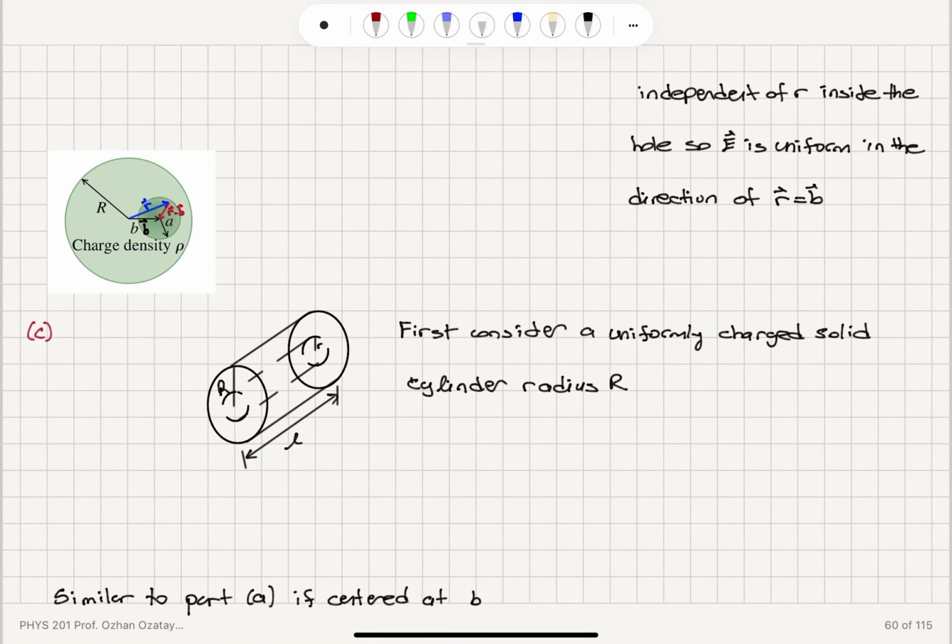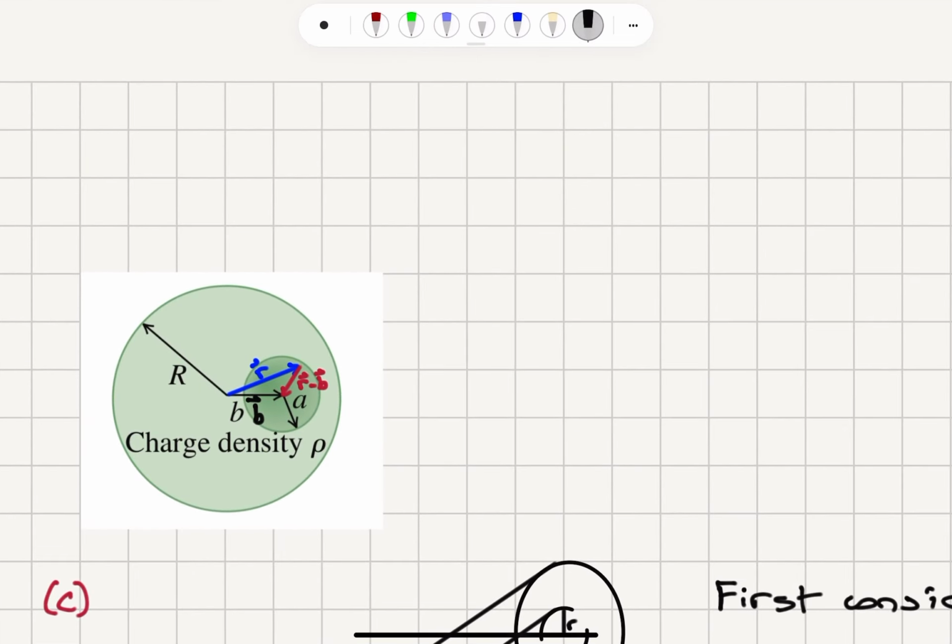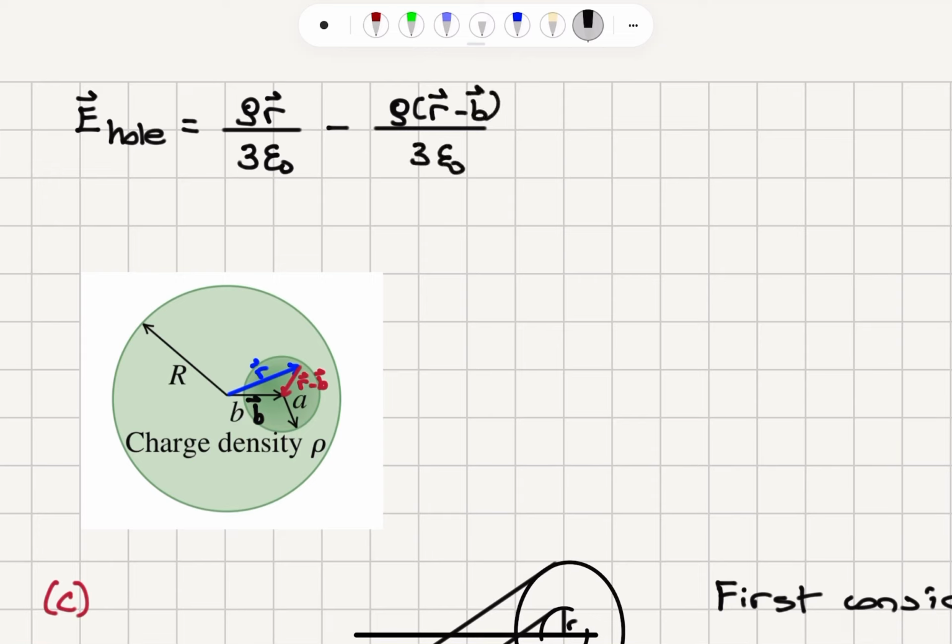All right, so we can consider the electric field inside the hole to be the superposition of the electric field for the uniformly charged solid sphere, rho r divided by 3 epsilon 0, and now I have the negatively charged portion, which has electric field rho (r minus b) divided by 3 epsilon 0.